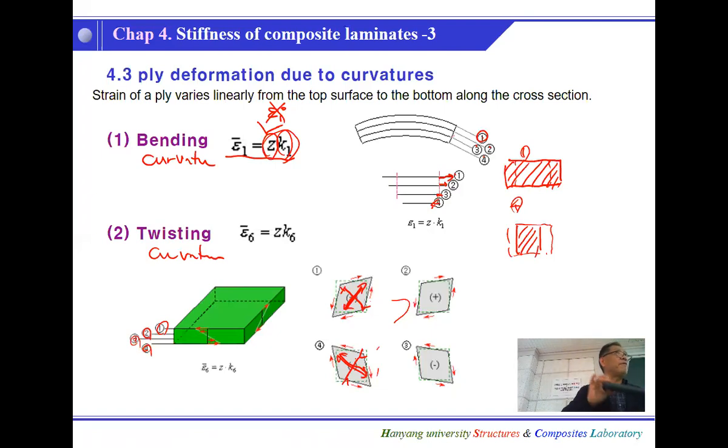That is the shear deformation, okay? That is the shear deformation. And if this cross one is uniform, uniform means that this one and that one are all the same. That is the only way we apply this, right? Then all the shear strain will remain the same in each ply. But if we twist, this shear is changing from top to bottom.